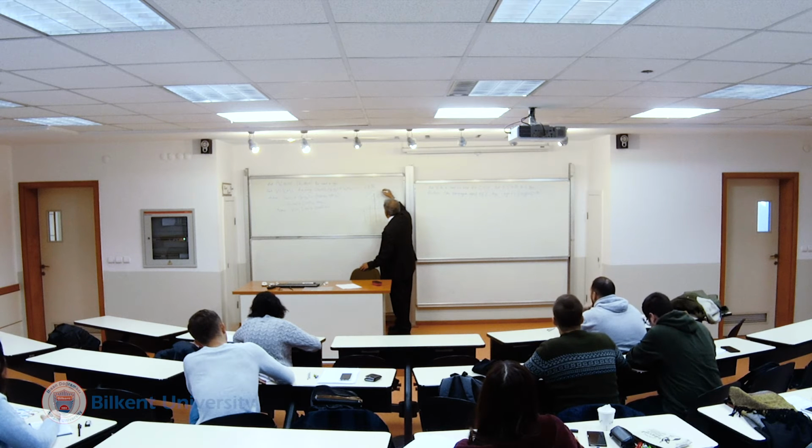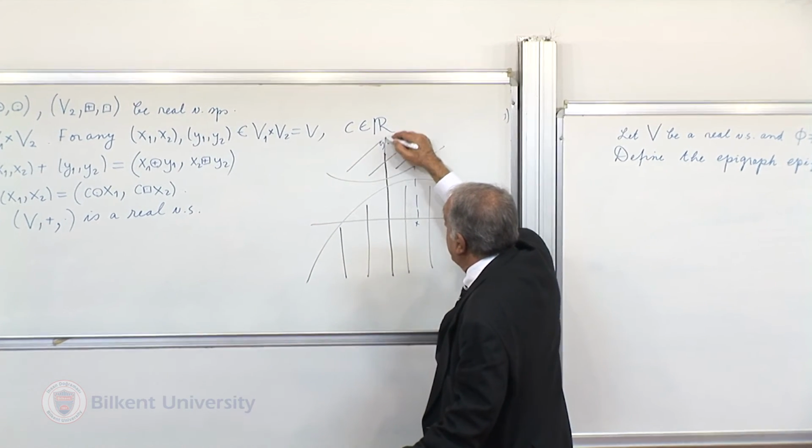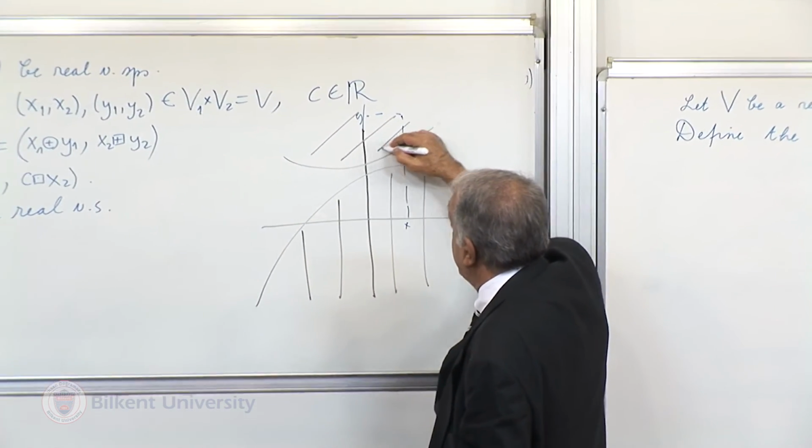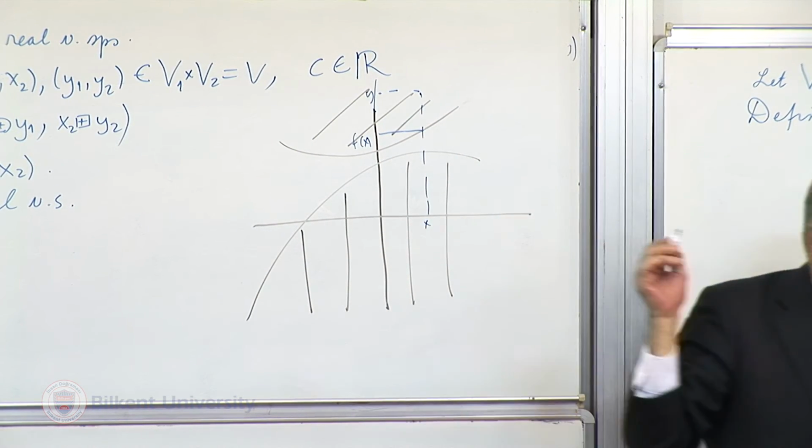Well, if you take a point in here, if this is xy, now what happens here is y is larger than or equal to f of x.